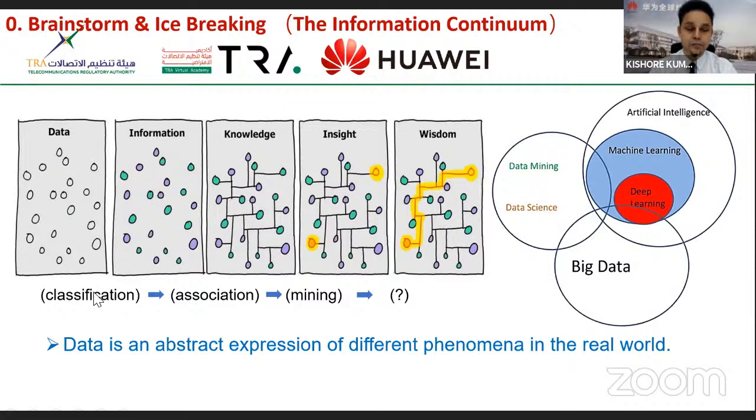Through different types of analysis and processing, let's say classification, from data we have information, which is classified. Through association, we can reach something called knowledge. Then through mining knowledge, we gain insight into some facts. And then wisdom is something still human.